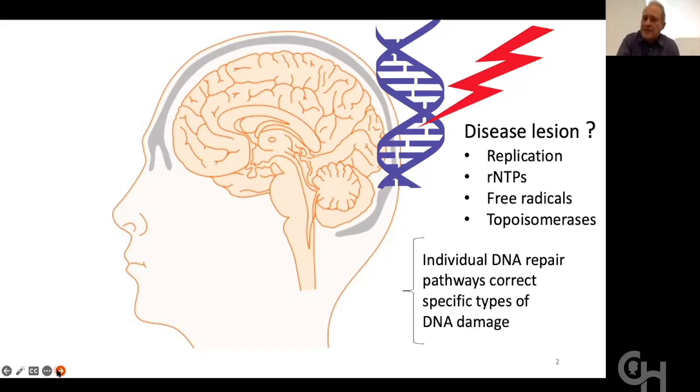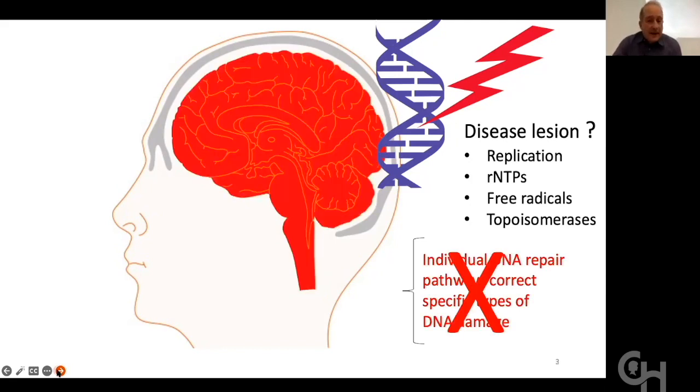Despite the fact that this is a very frequent event, we have normal cellular machinery that's able to correct these types of lesions, and so no disease happens. Now, if there is an inherited mutation or a problem with these repair factors, then we can get some rather substantial brain diseases.